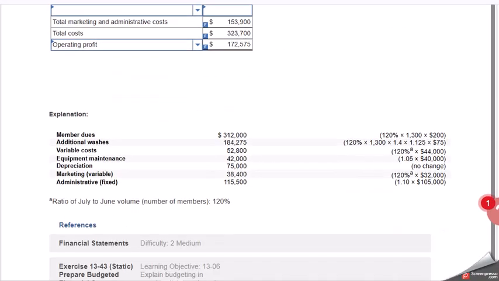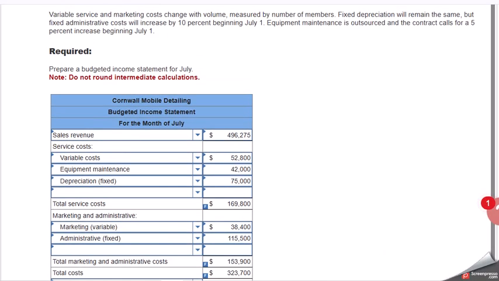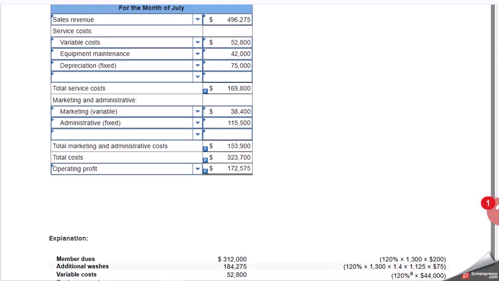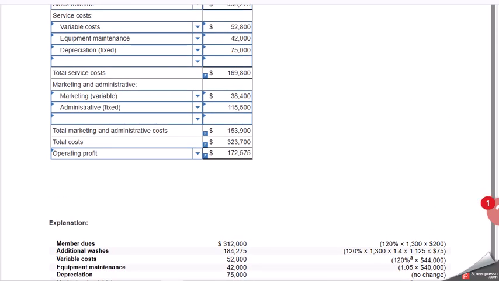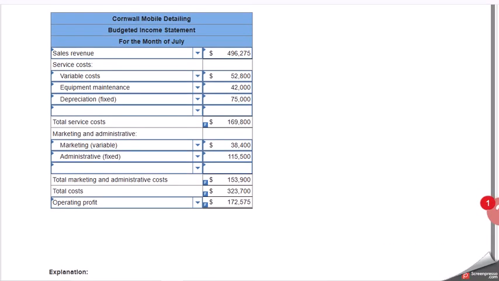So again, if our number of members go up 20%, that marketing is going to be 120% of what it was. And then our administrative expenses are going up 10% effective July 1st. So then we increase all of those and then we plug those in to see what our operating profit ends up being.